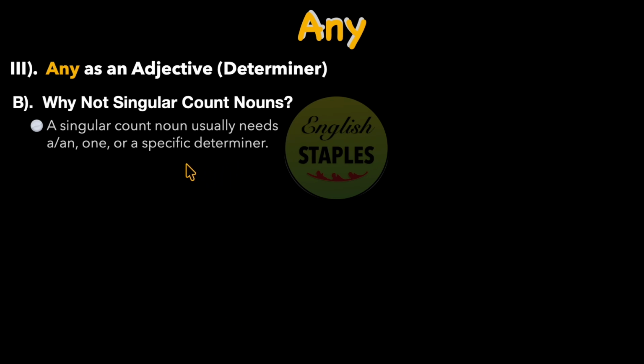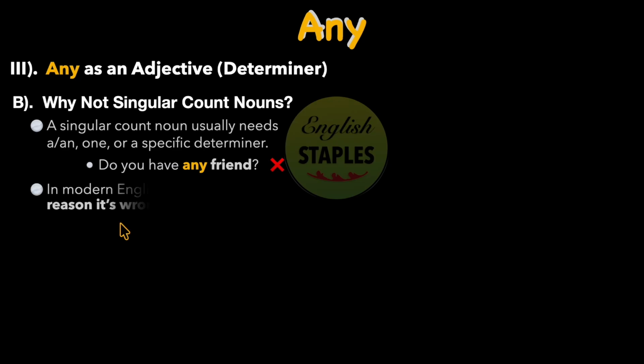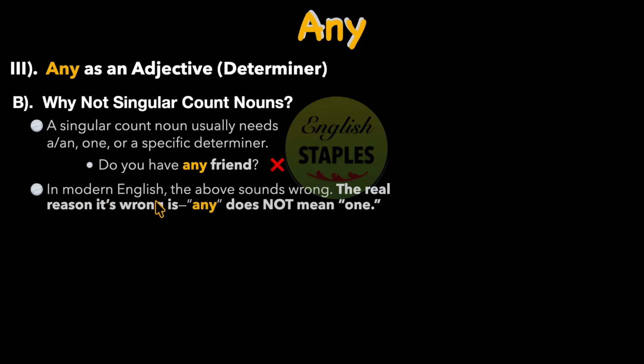For example, my, this, his. Do you have any friend? We can't say that. In modern English, this sentence, do you have any friend? It sounds wrong.